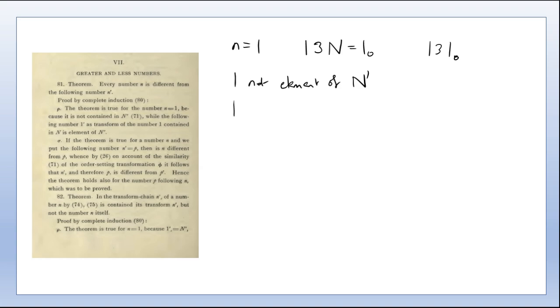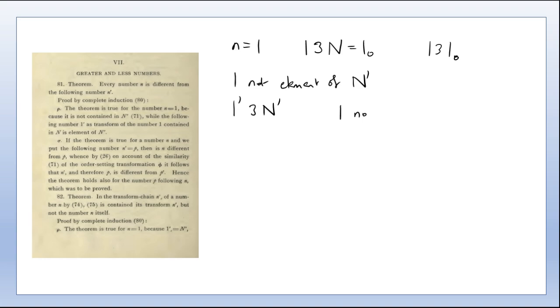Whereas 1 primed is an element of N primed. So therefore, because an element is either in a system or it is not in a system, since 1 is not in N primed, but 1 primed is in N primed, that means that 1 and 1 primed cannot be equal.